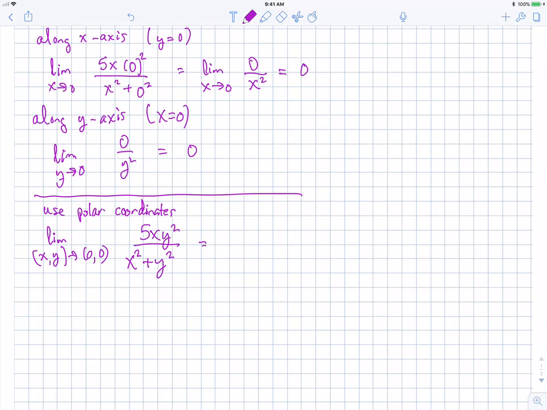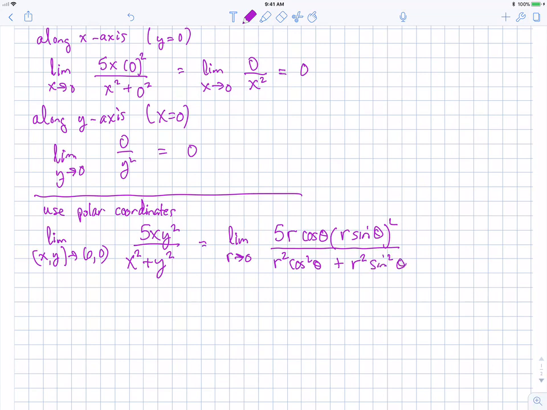If I substitute in r and theta, r is going to go to 0 as x and y both go to 0, and we get 5 r cosine theta times r sine theta squared over r squared cosine squared theta plus r squared sine squared theta.